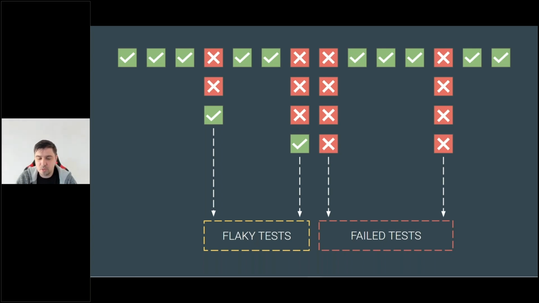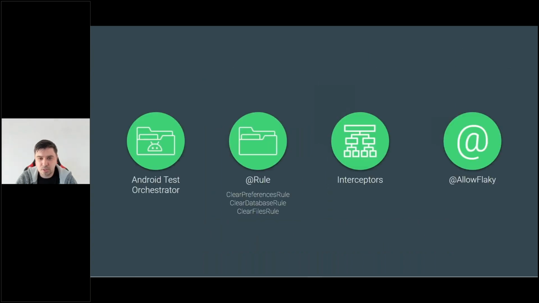For the other failing tests, we should really think about the real problem of such tests and the scenarios which are covered. Another approach which helps us fight flaky tests is, first of all, Android Test Orchestrator, which can clean up everything connected with permissions after or before your test case.